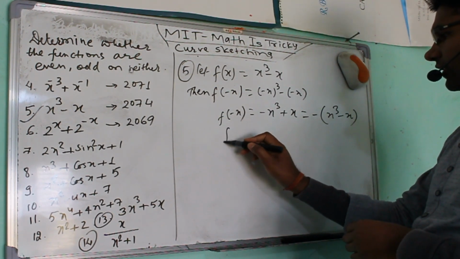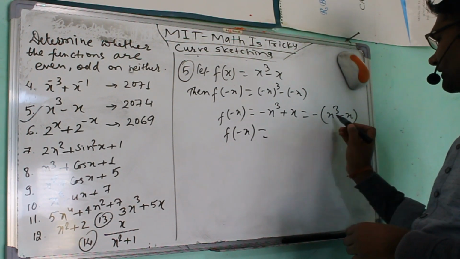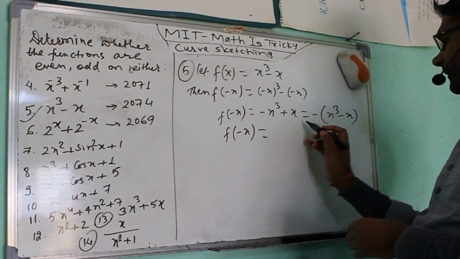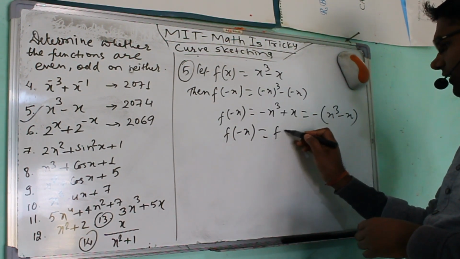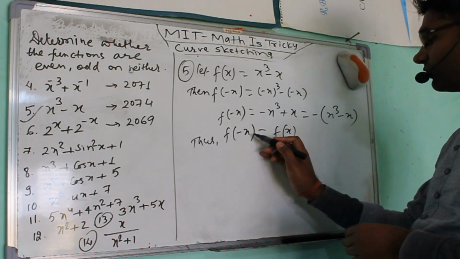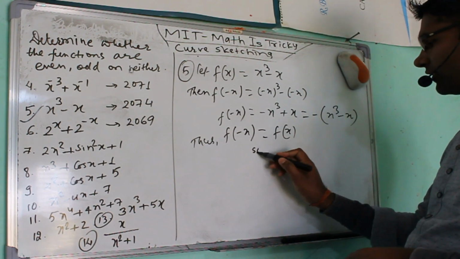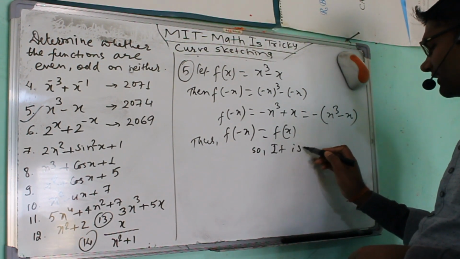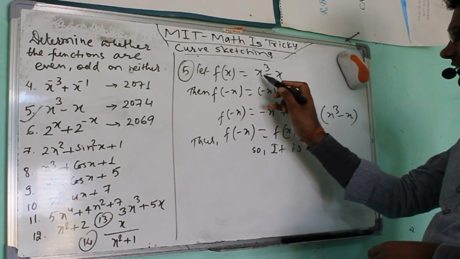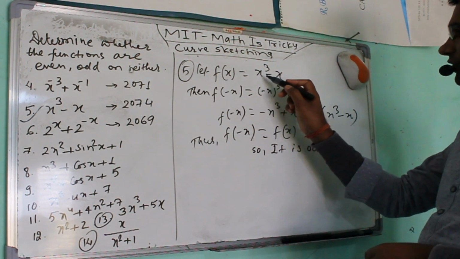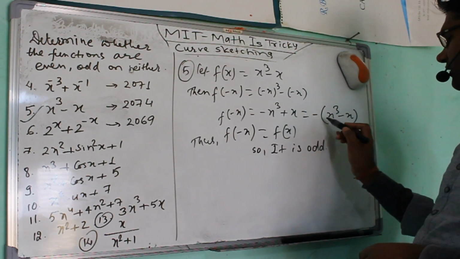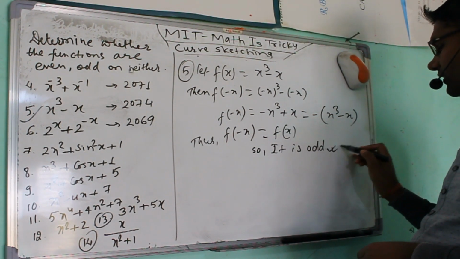It means f(−x) equals −(x³ − x), same as −f(x). Thus we have f(−x) = −f(x), so it is again an odd function. The given function is an odd function. What I actually did here is I put the value of x as −x, so −x³ plus x, and if we take minus common, we get −(x³ − x). So this is our answer.